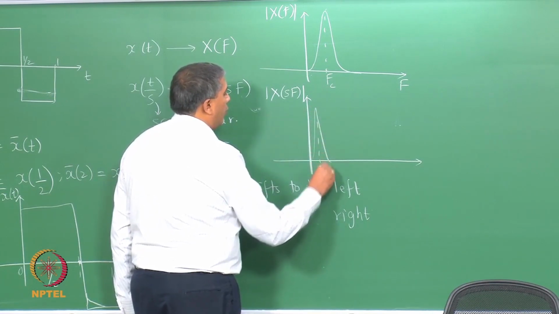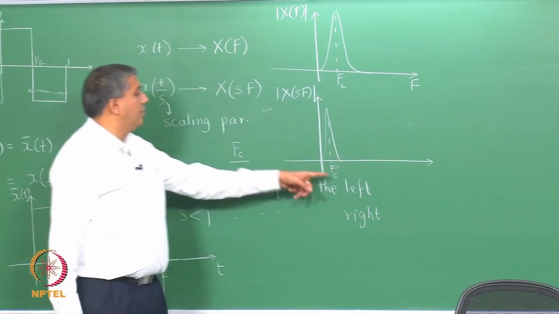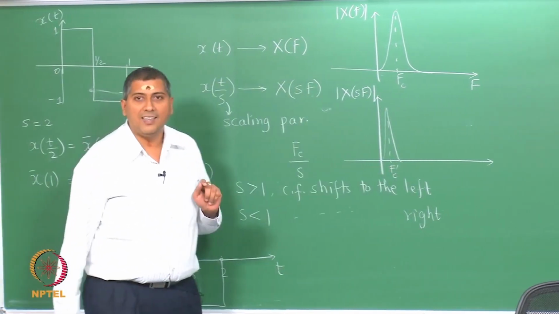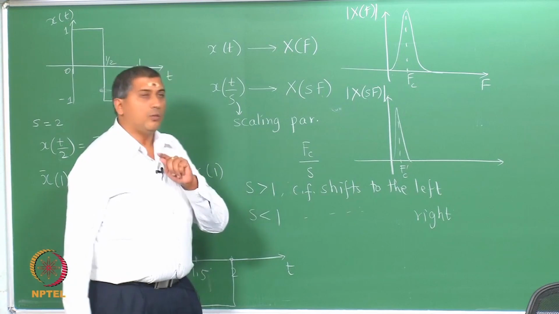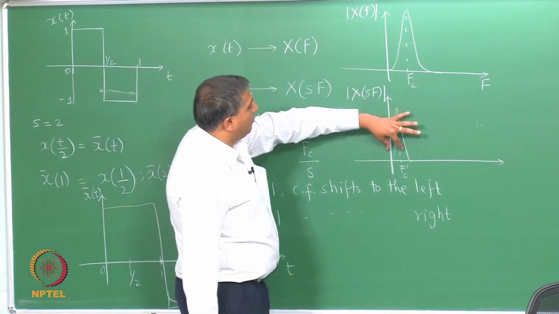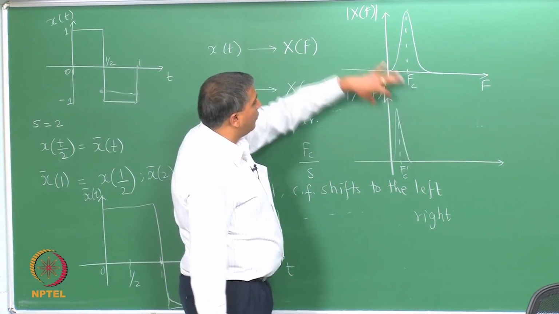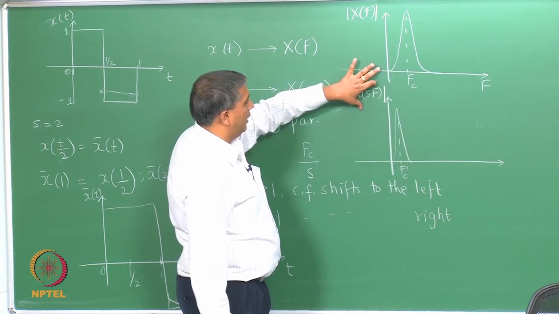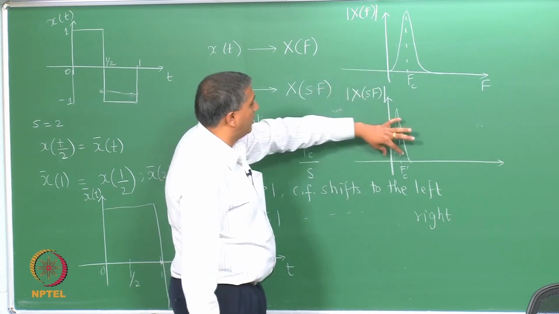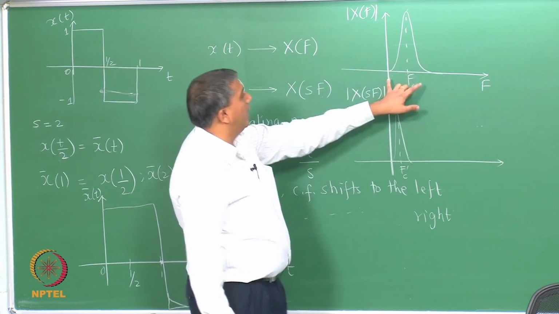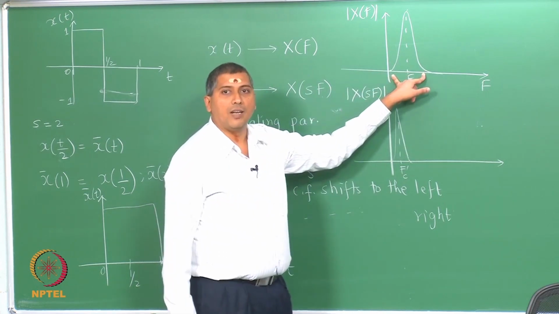So, this is fc prime, the center frequency of the scaled signal. Also, you should observe that I have the spread of the Fourier transform of the scaled signal narrower than the one for the original signal.